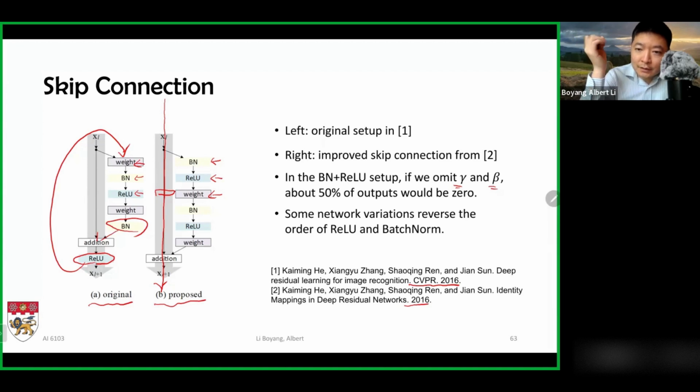So this may or may not be desirable. So we do have the gamma and beta learnable parameters that could control this behavior. So it may not be 50%.